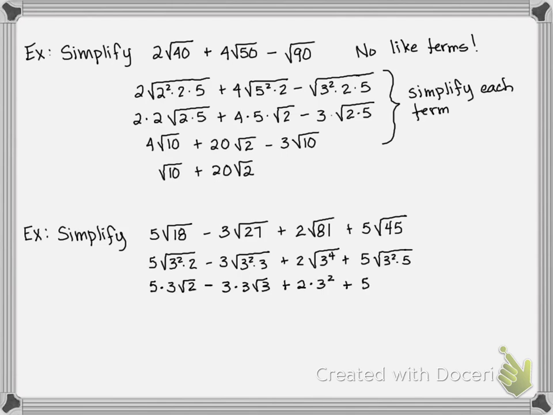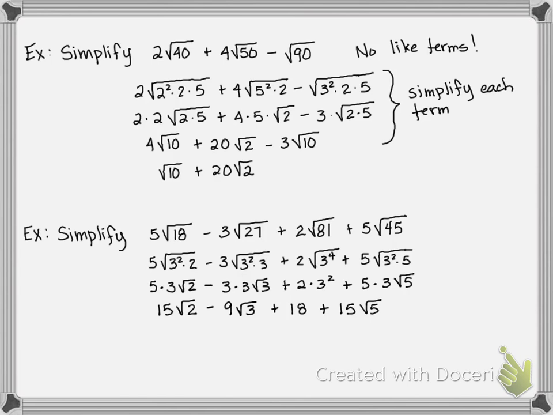Plus 5 times 3, 5. So I have 15 times the square root of 2 minus 9 times the square root of 3 plus 18 plus 15 root 5. Can that be simplified any further?